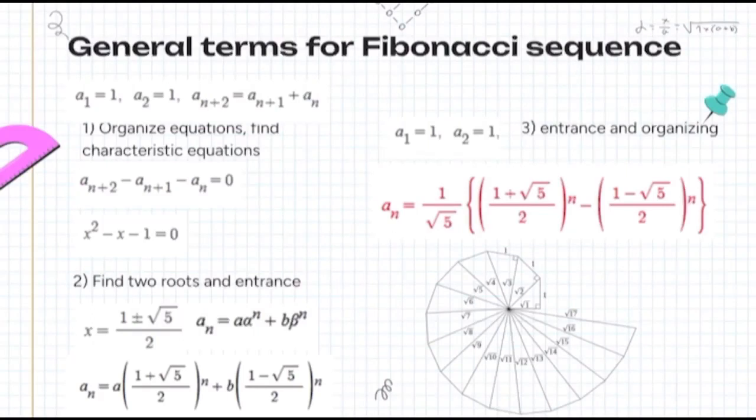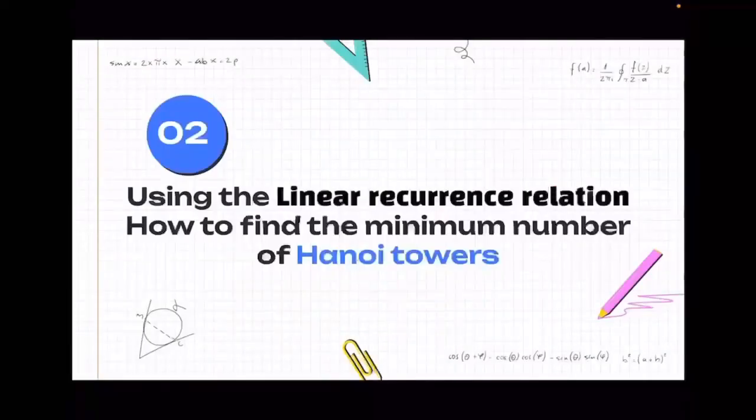Third, put a1 is 1, a2 is 1 into the equation and organize it. As a result, the following general terms of the Fibonacci sequence is derived. Now we learned how to solve general term of linear recurrence relation. Let's learn how to find the minimum number of moves in the Tower of Hanoi by using the linear recurrence relation.